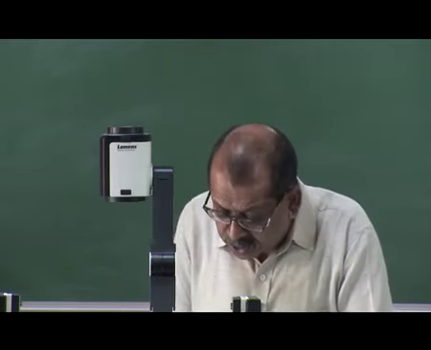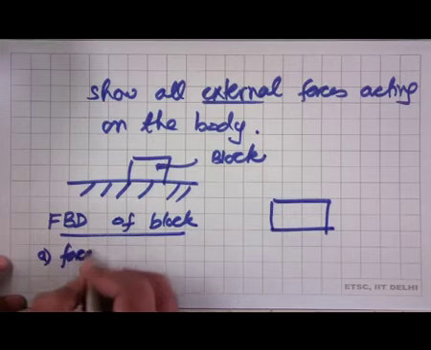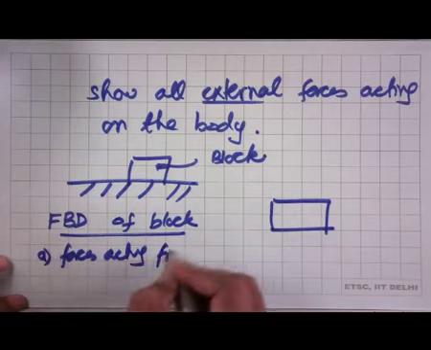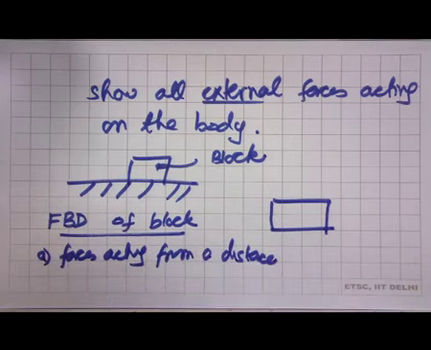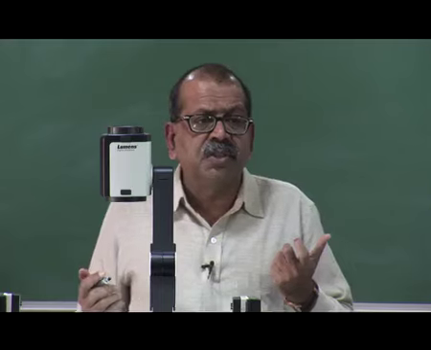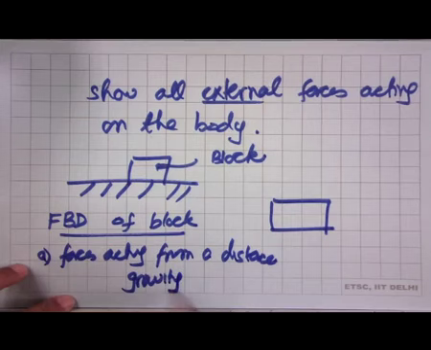Now, when I show the external forces, there are two types of external forces. One are forces acting from a distance. On this block, which force is acting from a distance? The only force which acts from a distance is gravity, and the force due to that will be represented by its weight.